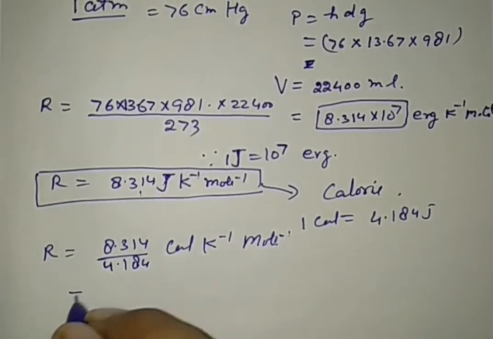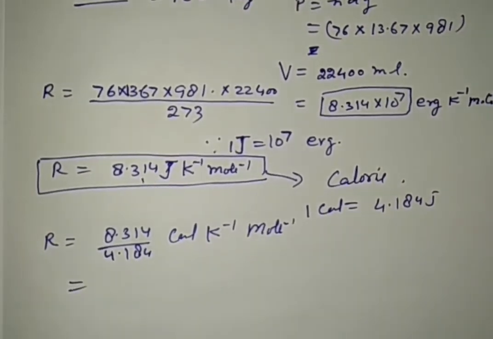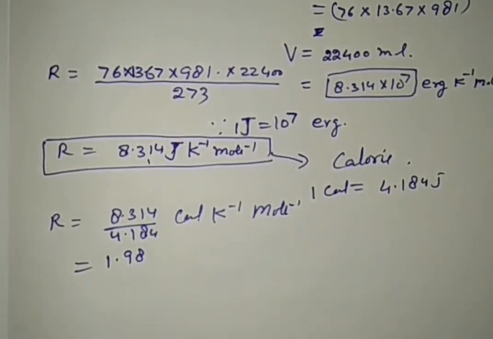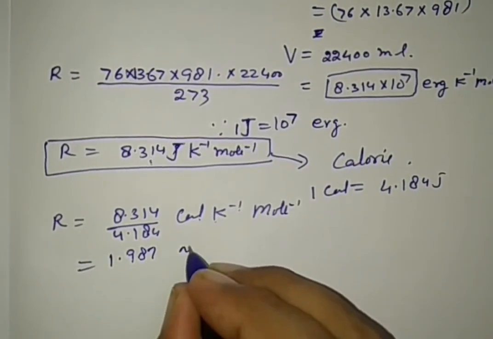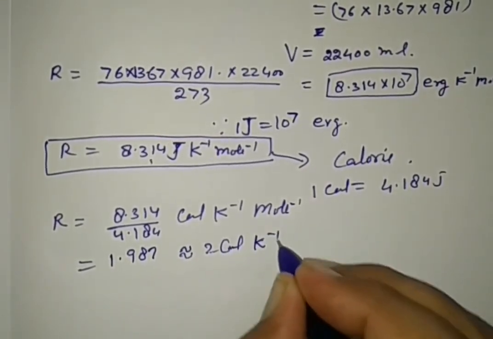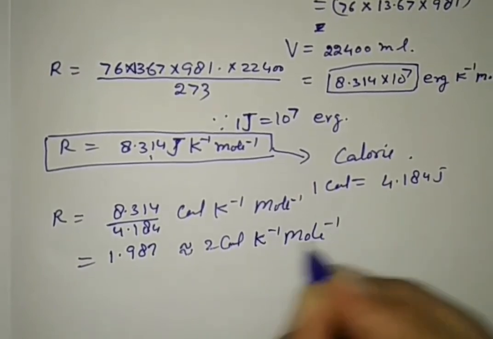After dividing we get 1.987, approximately 2 calorie per Kelvin per mole.